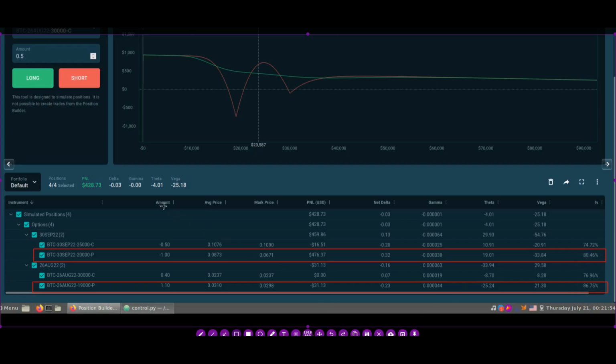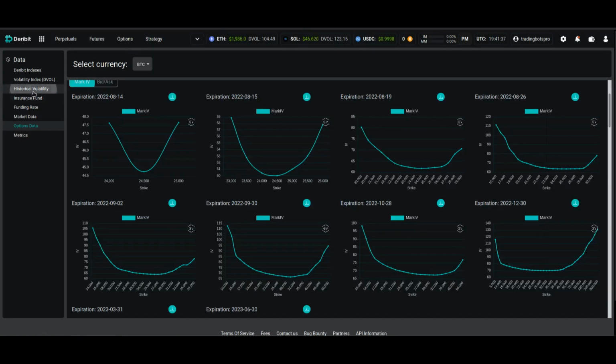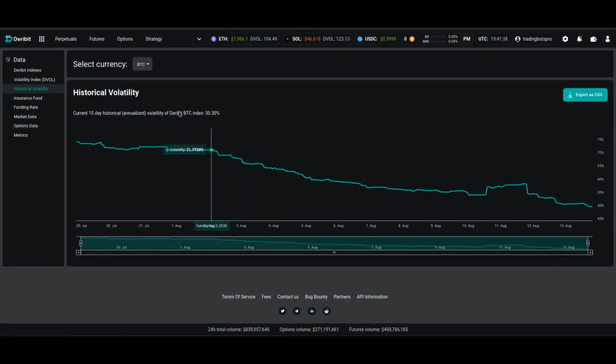So okay, and we have negative Vega, which means our option construction will be profitable if the implied volatility of our construction goes down. Let me show you the historical volatility and how it looks. Unfortunately, Deribit provides only 50 days of historical volatility.